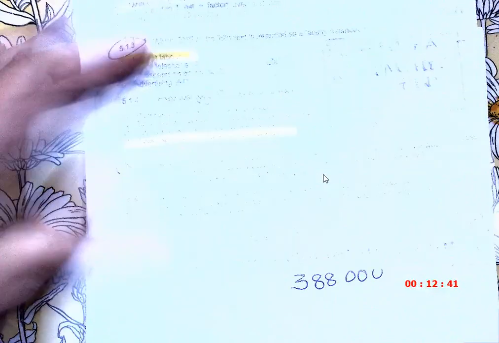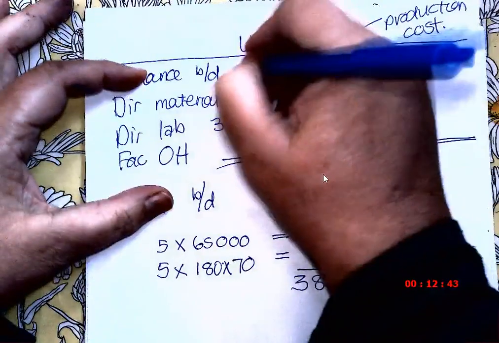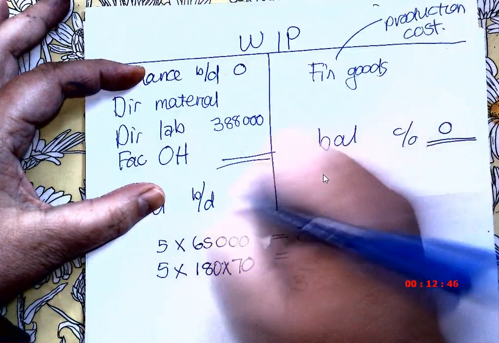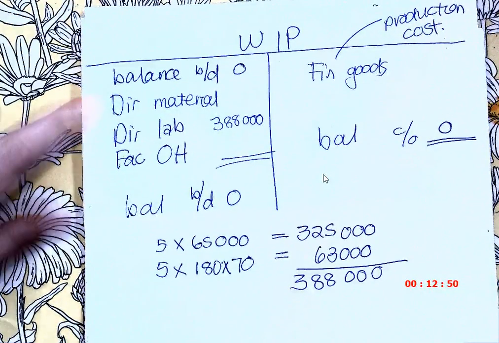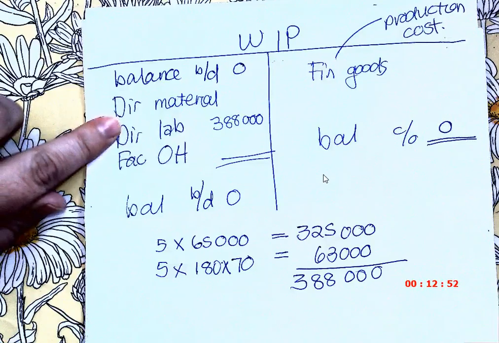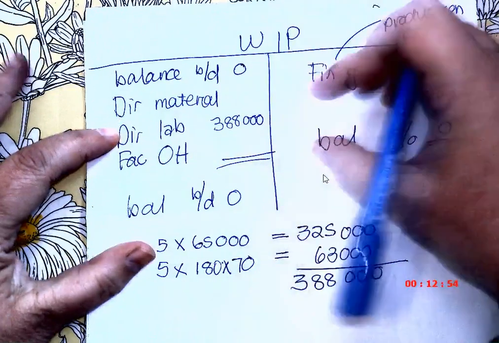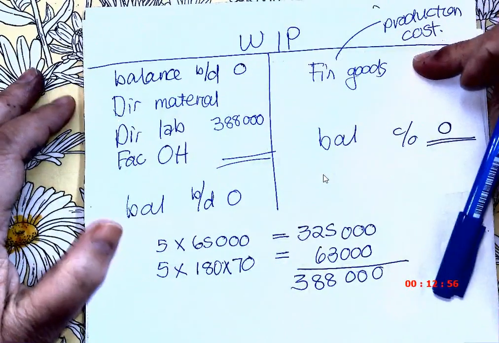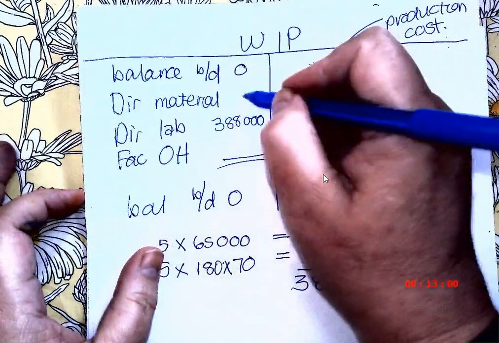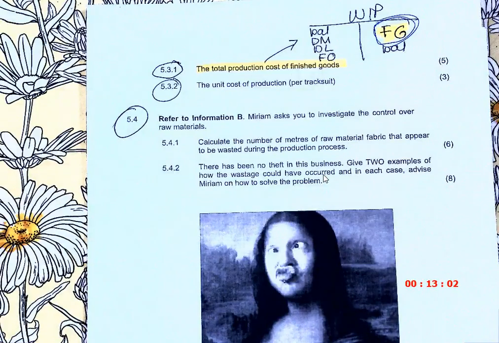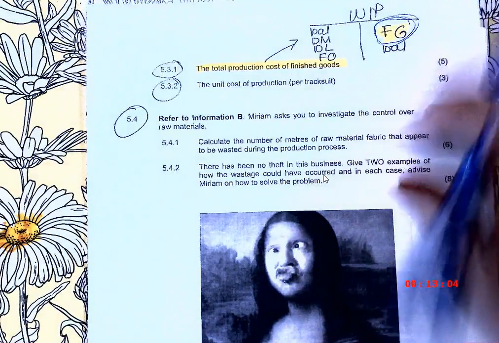Right, meaning my opening is 0 and my closing is 0. So you will be fine by just writing direct material, direct labor, factory overheads, and add them together for the finished goods. Okay, so now we need information for direct material and for factory overheads. So let's go have a look.